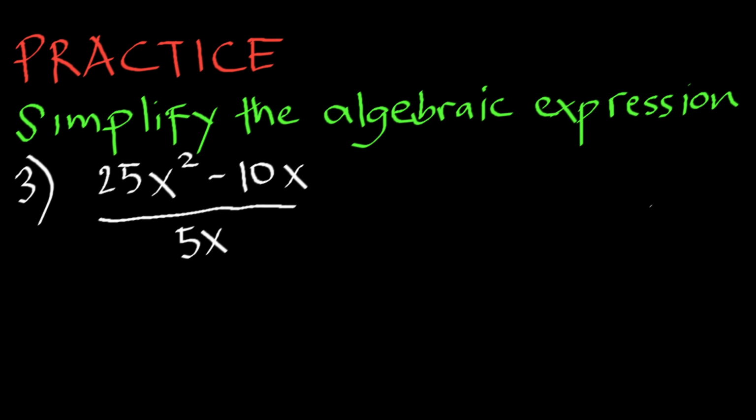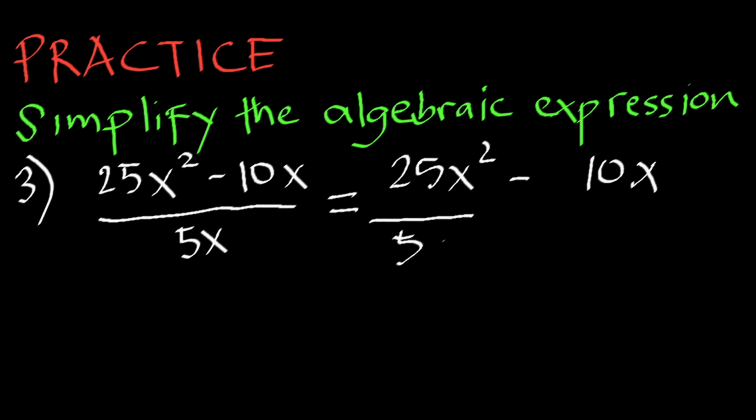Kapag meron kayong ganitong problem, pwede nyong paghiwalayin yung operation ng 25x squared and negative 10x at i-divide sila individually by the denominator. So we have 25x squared over 5x minus 10x over 5x.